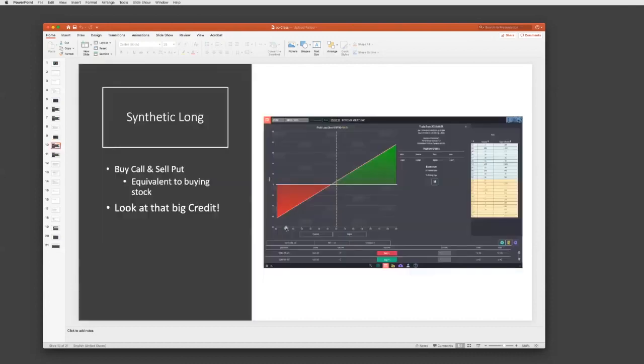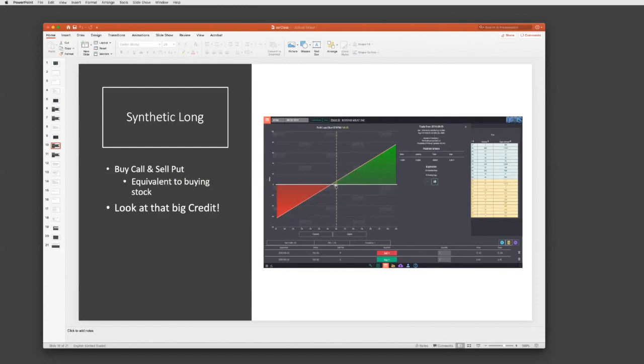So this is the synthetic long position. This is the equivalent of buying the stock. We buy a call, and that gives us our money to the upside, and we sell a put, and that gives us the loss to the downside. But you can see here in this case, when we do that, we're getting a $5.90 credit to buy the call and sell the put at the same strike price, at the 160 strike price.